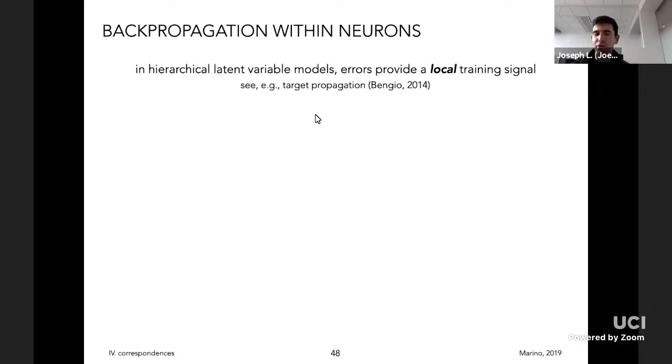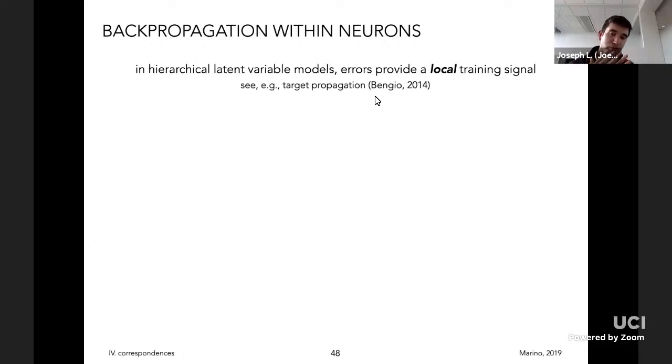And it goes by various names, but one name is this idea of target propagation. And the idea is that if you have these top-down predictions, that provides these local errors, which could provide a local training signal. And so the nice thing about these predictive coding models is that all of the errors are local.